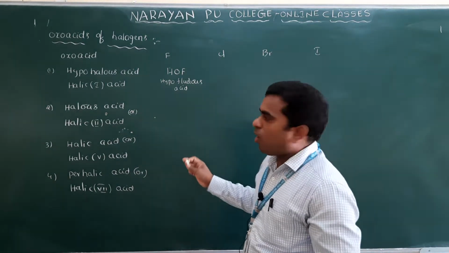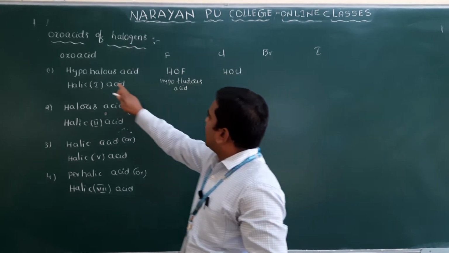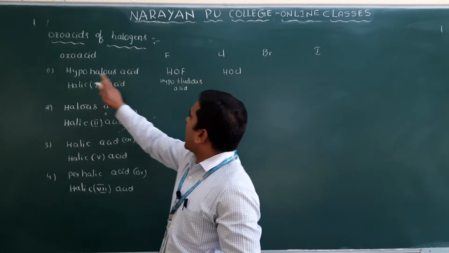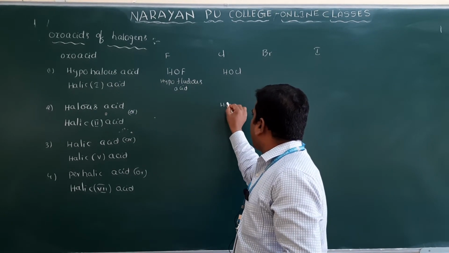And chlorine can form all the acids here. Hypochlorous acid, chlorine is there.